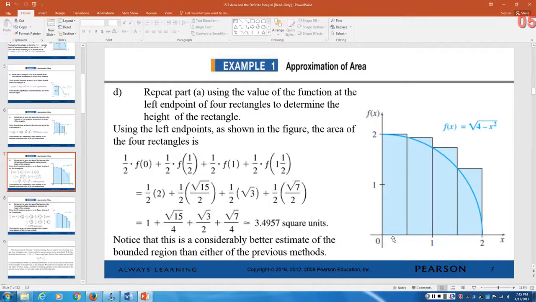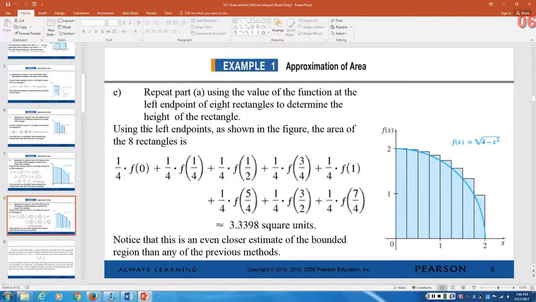And using x equals 0, x equals 1/2, x equals 1, x equals 1.5, and x equals 2, and doing the arithmetic, it turns out that it's about 3.4957 square units. And there again, I'm definitely overestimating because I've got rectangle hanging outside the circle. But it's still a better estimate of the area probably than the previous ones were.